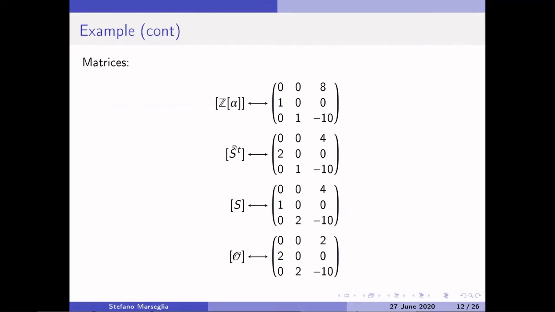This weird mysterious ST is going to correspond to this matrix, S is going to correspond to this one, and the maximal order to this one. All right, 4 matrices, and by the theorem, these are all non-conjugate with each other. They are all different, and they correspond to all the representatives of conjugacy classes of matrices with H as characteristic polynomial. So this is to prove that the algorithm actually works.